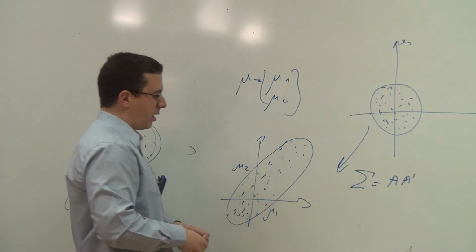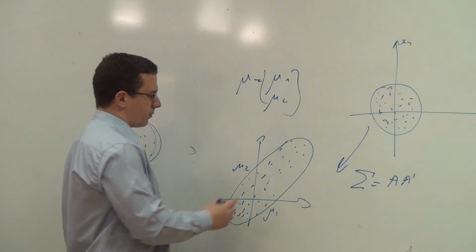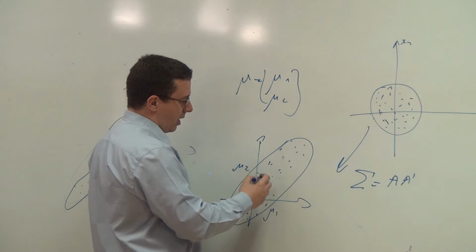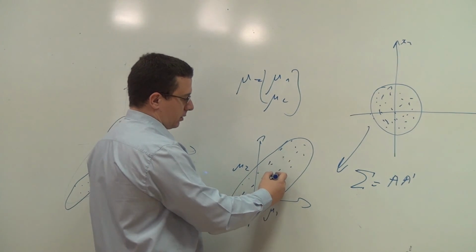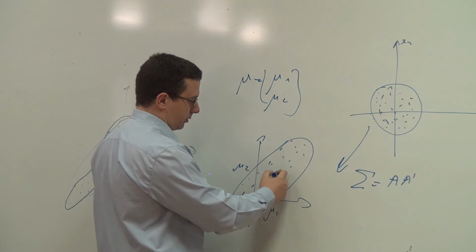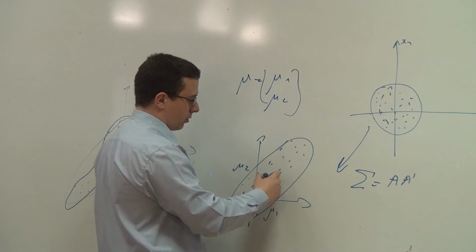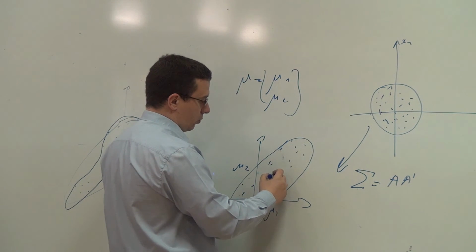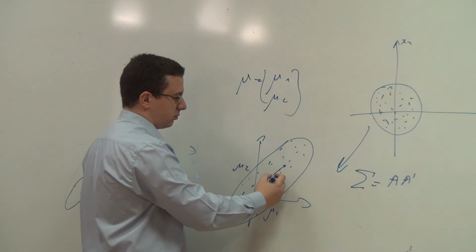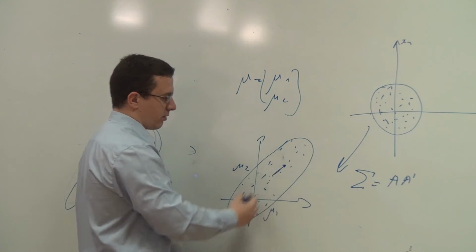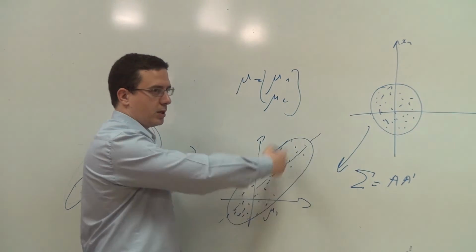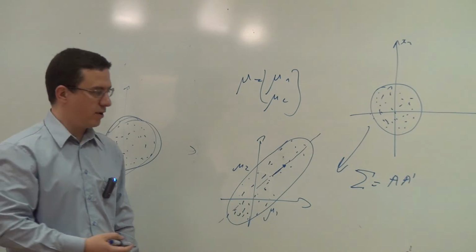And the way to do it, we basically always assume expected value 0, is to find a direction, another coordinate system, which has the highest variance. So in this case, we'll need to find this direction, because this is the highest variance in the variables.